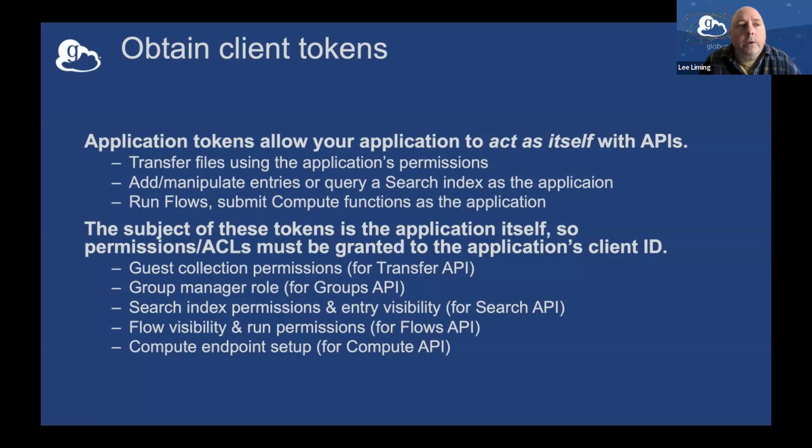You don't have any of the users' permissions at this point. You only have whatever permissions have been given to your application. You can run flows, you can submit compute functions, you can query a search index or even update entries in a search index. Whatever's been granted as a permission to your application, you can do with these tokens.